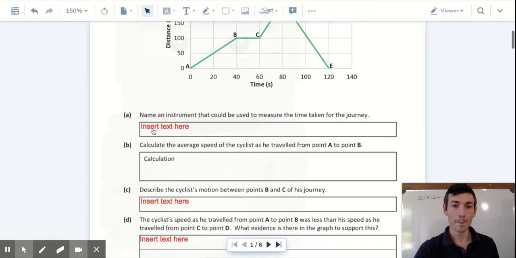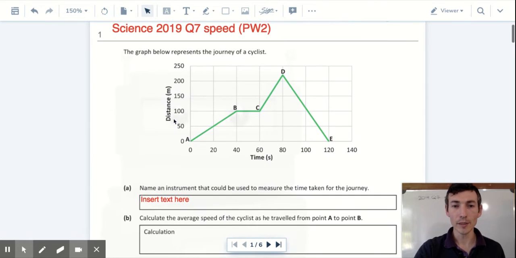Right then, part A. Name an instrument that could be used to measure the time taken for the journey. We can see that we've got time for the cyclist on the x-axis going from 0 to 120 seconds. Not a very long cycle, it's only about 2 minutes. And on the y-axis, we've got the distance the cyclist is traveling from a certain point.